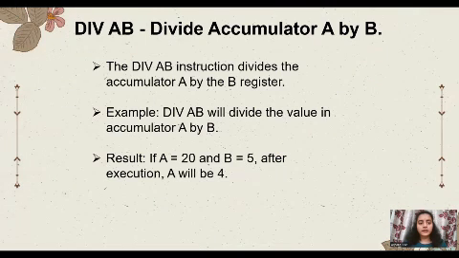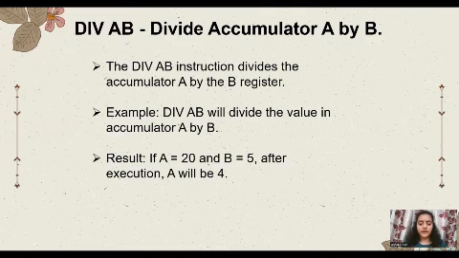And divide accumulator A by B, which is division, and it divides the accumulator A by the B register. For example, DIV AB, the instruction I will take, divides the value in the accumulator by B. For the result, I assume A is equal to 20 and B is equal to 5.